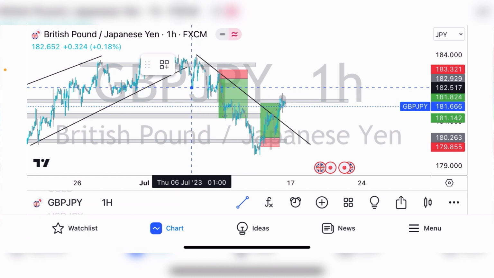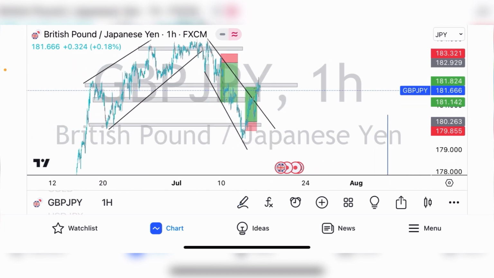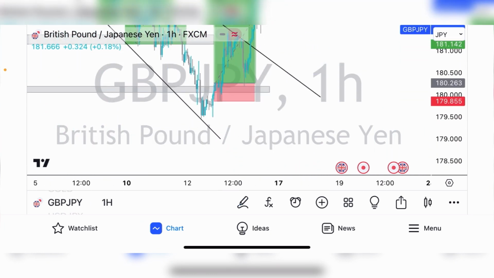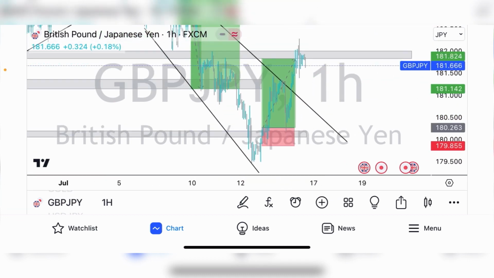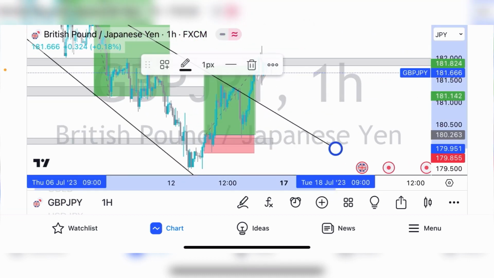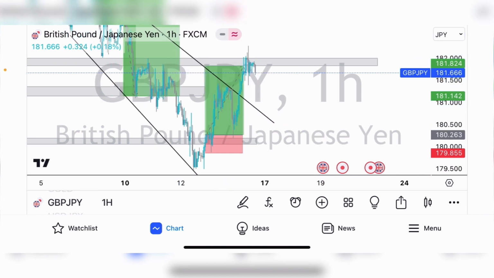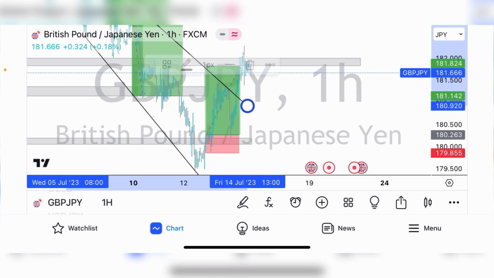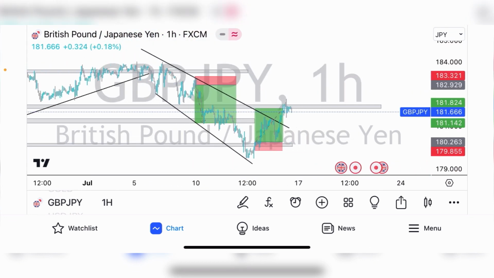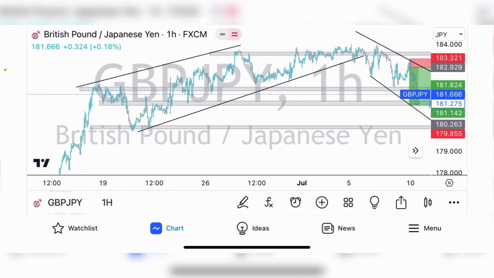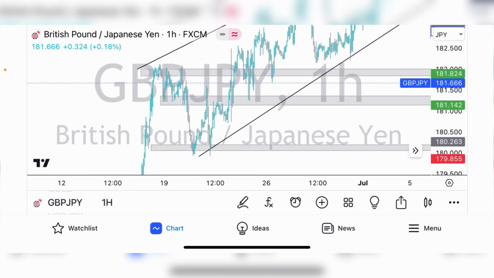Looks like the market created a pattern which is indicating bullish moves, as you can see. So you can't say the market is gonna buy yet. I prefer waiting to see where the market takes us.